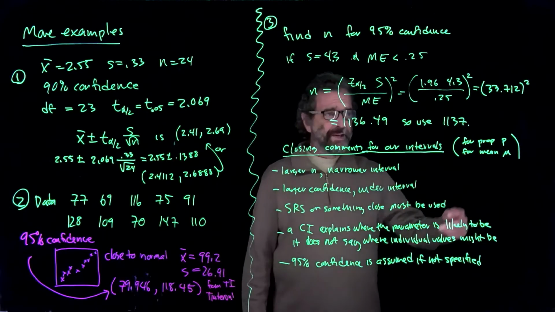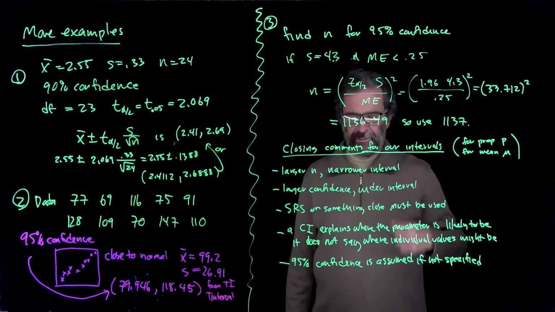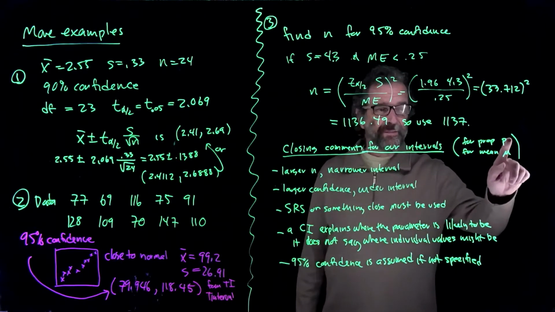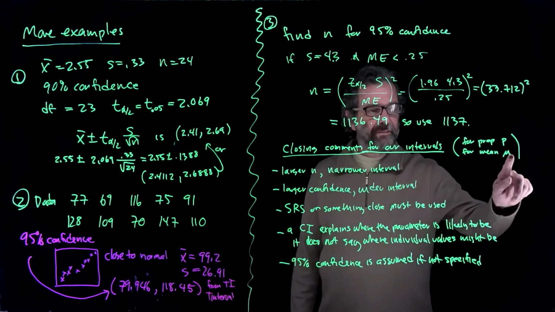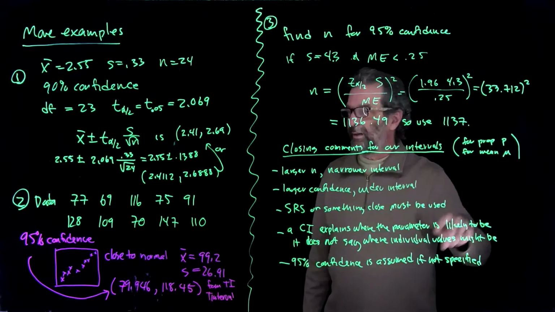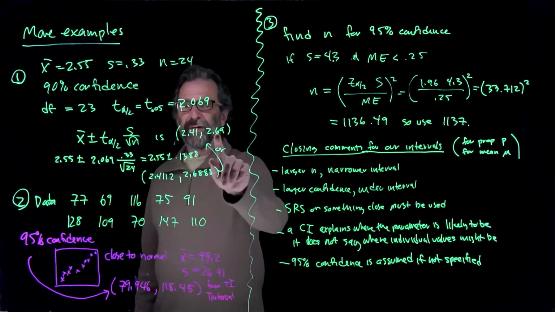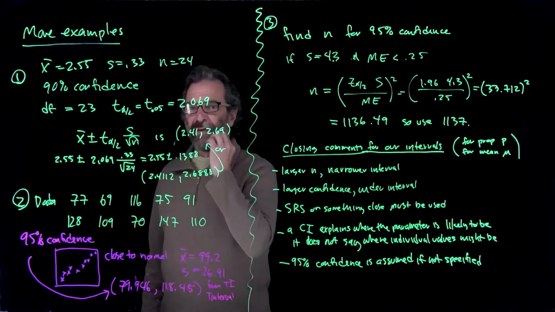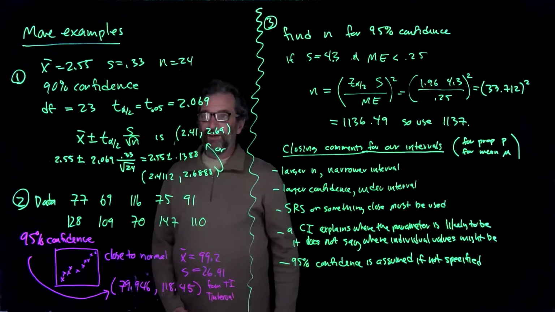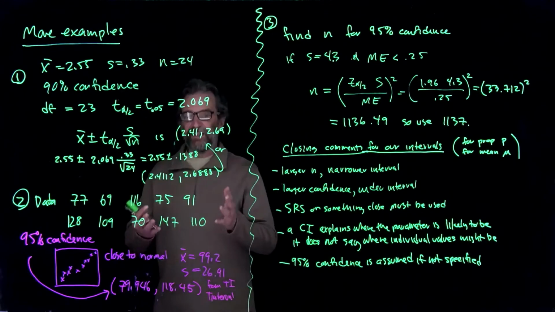So really the only information it's giving you, if you did a proportion interval, is where the population proportion value is likely to be. Or if you did a mean interval, it tells you where the population mean is likely to be. So here it says the population mean is somewhere between 2.41 and 2.69. It's 90% confidence, so you're not as guaranteed as you might be with 95% that it covers the true value, but it's likely to cover the true value.